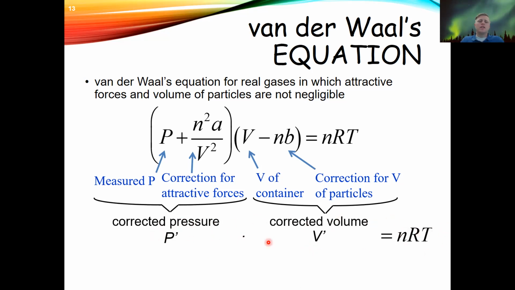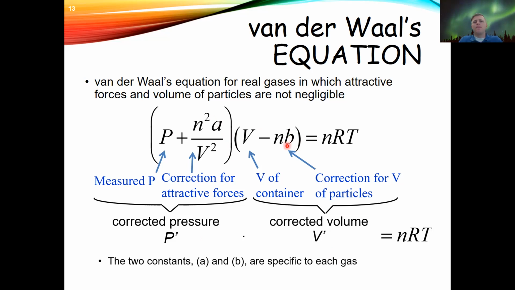And this equation is actually much more useful than the ideal gas law, because it gets you correct answers much more often. These two constants, A and B, are just different constants for different gases. Each gas has its own constants.